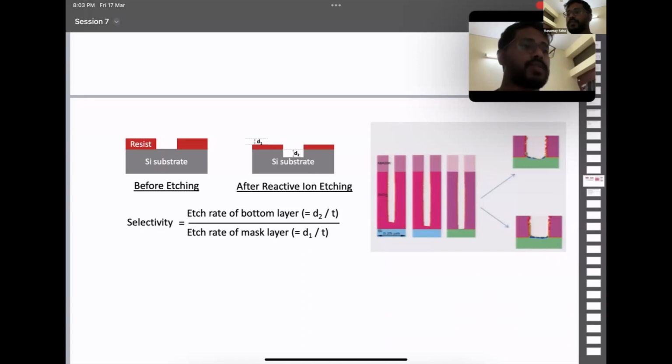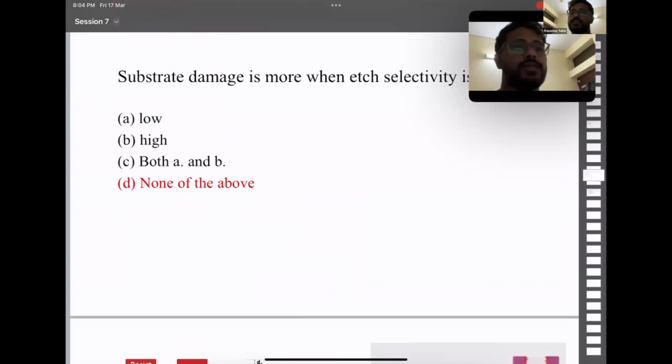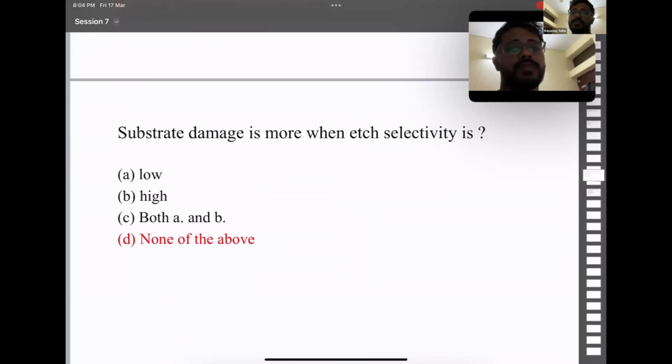High etch selectivity is always preferred during etching of silicon because your bottom layer is more maintained, and in case of low selectivity, your bottom layer is more eroded. So in this question, your first option is the correct option. Do you have any doubt with that?